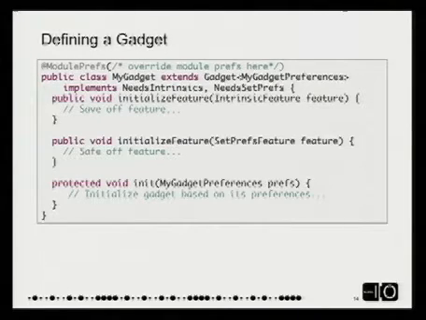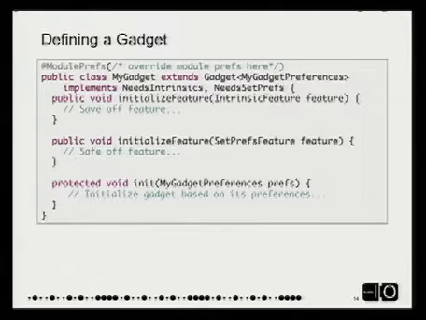In this case, we need intrinsics, and we need the ability to save our preferences. So we implement NeedsIntrinsics and NeedsSetPreferences. Each one of those interfaces has a single method, which is initialize feature. And lastly, there is the init method.